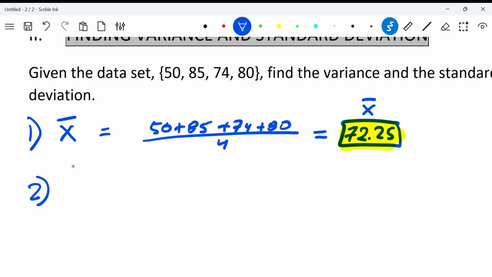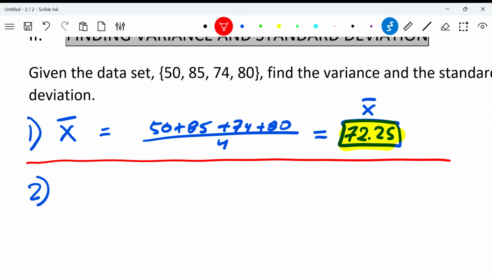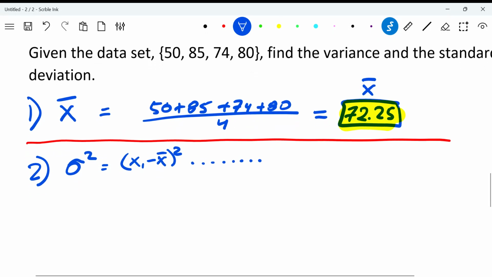The second step, I will find the variance, which is standard deviation squared. And so I'm going to follow this pattern of the first data piece minus the mean squared, and I will do that every time until I have them all done.